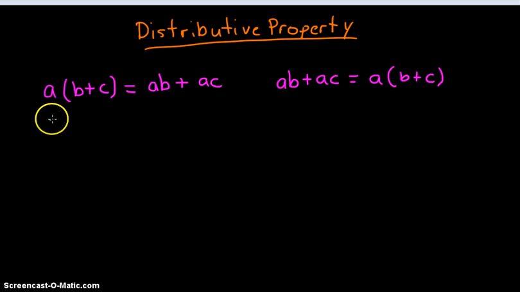But for an example, if I put 5 times 3 plus 2, okay, if we just solve for this, it would be 5 times 5, so this would be 25. And that's what the value is going to be.